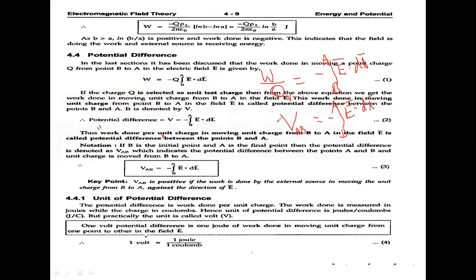Got it, my students? And 1 volt is 1 joule per coulomb. Joules is the work done, and Q is in coulombs, so volts is joules per coulomb. The potential difference is the work done per unit charge. Okay.